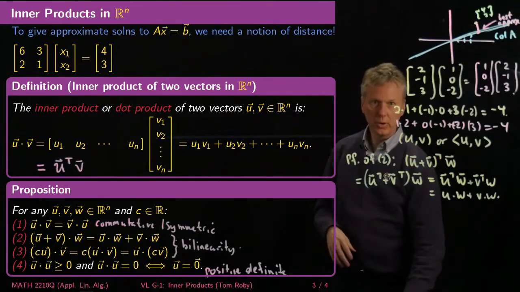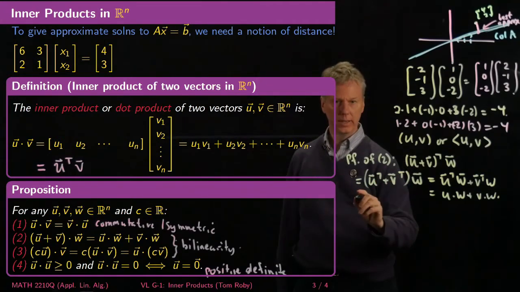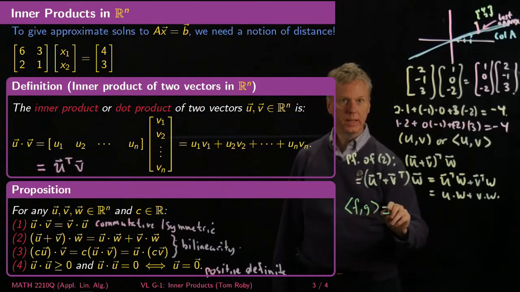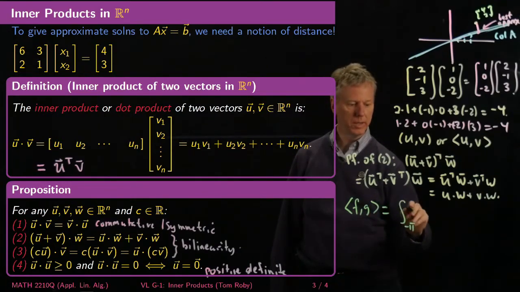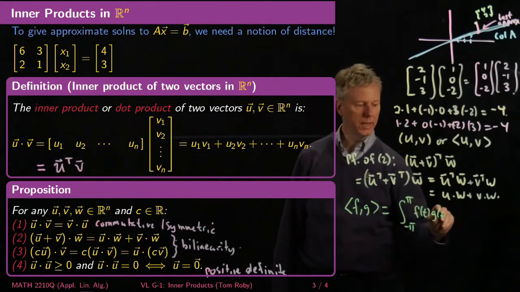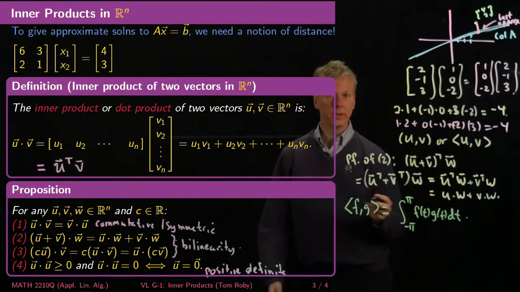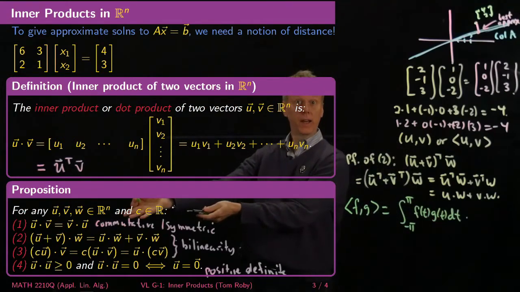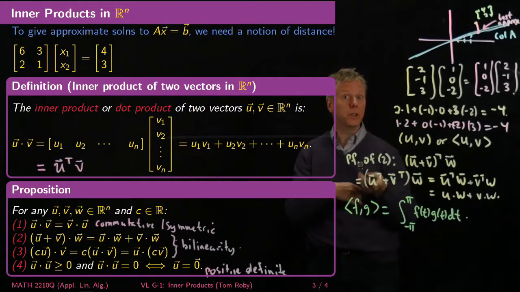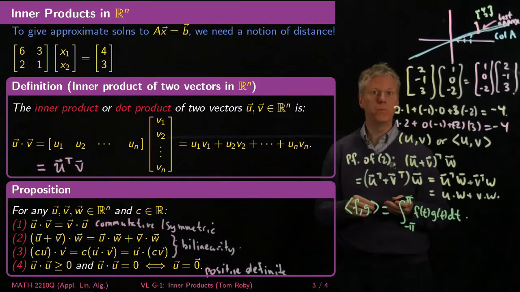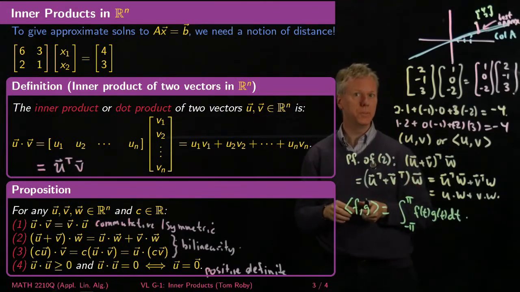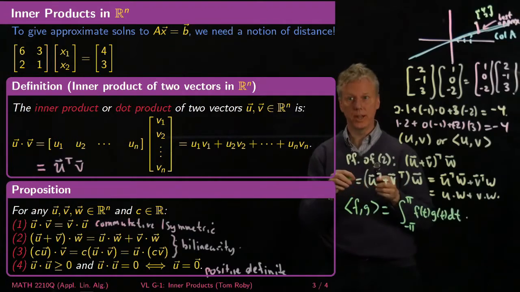And so there your orthogonality relation is, people will write something like the inner product of f and g is equal to the integral from, say, minus pi to pi of f of t times g of t dt. And it turns out that this also satisfies these properties. So it makes a very good inner product, and it's the inner product with respect to which you can think about Fourier analysis as representing things with respect to a very nice basis of sines and cosines.